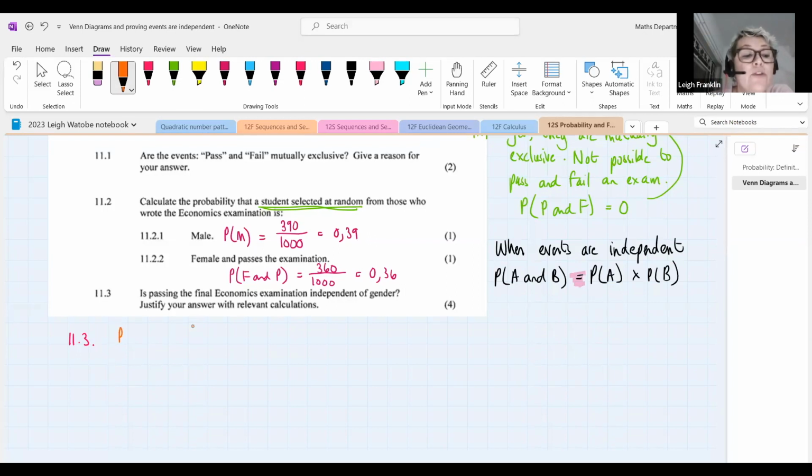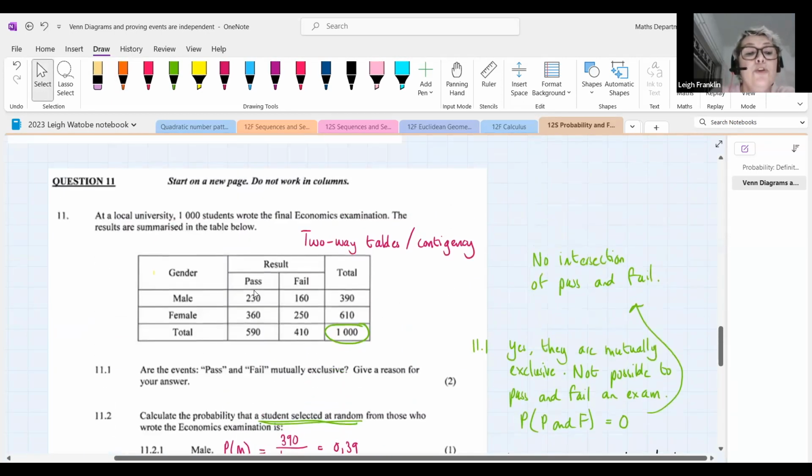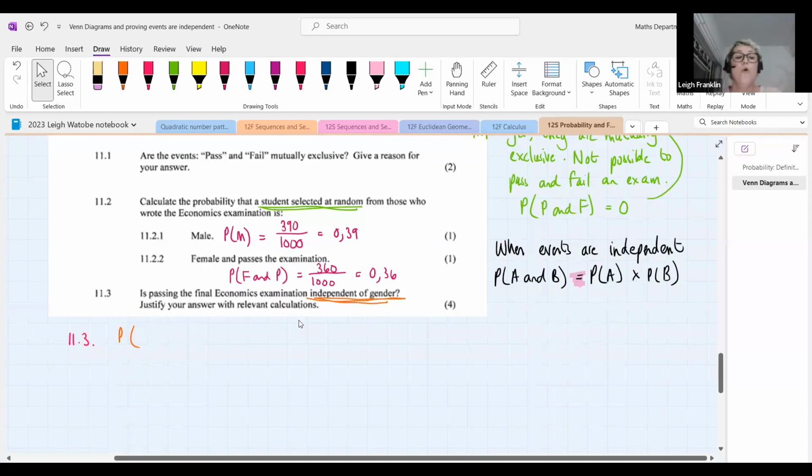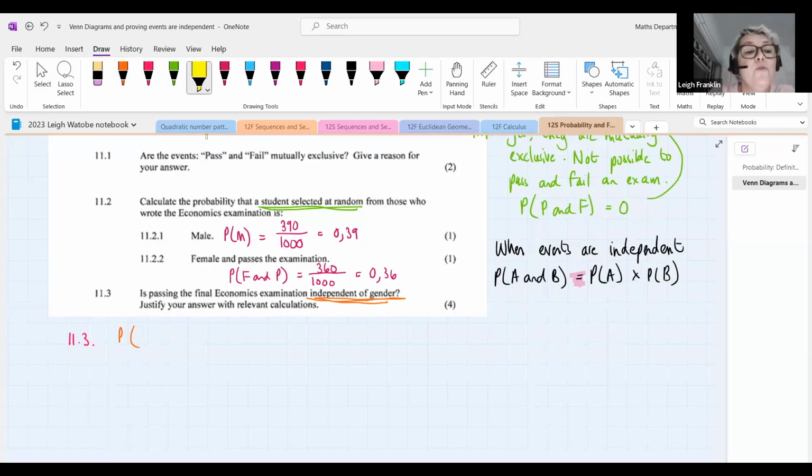So we work out probability. And here, again, we're going to make a choice because they just said independent of gender. So going back, you can choose whether you want to look at male and pass, male and fail, female and pass, or female and fail. So there are 4 different options you could choose from. What I would say is, if you've already got some information, don't waste your time recalculating.